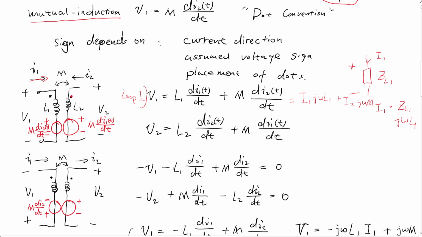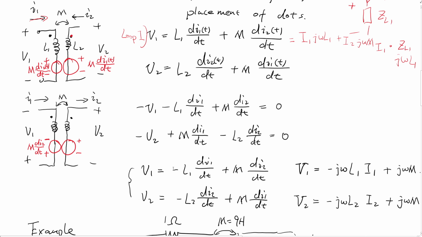Okay, let's look at another one. In this case, we have the current entering this dot. So on the other side, the secondary side, we have a positive sign, same as this dot. But I2 is actually leaving this dot, so this dot gets a negative sign like this.